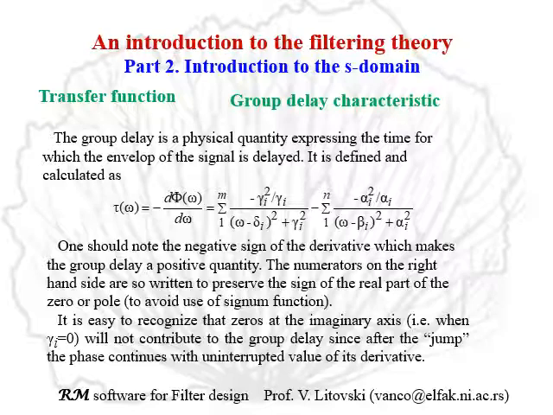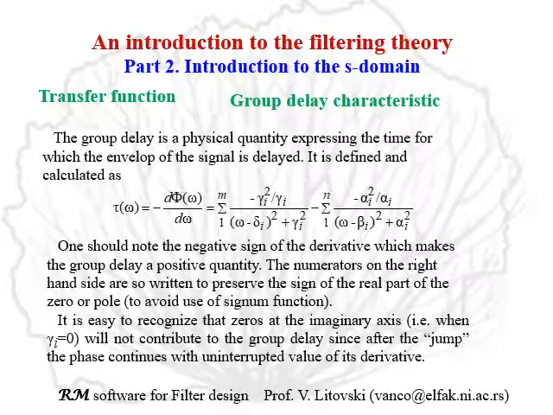So it is the derivative of the phase with negative sign, so that the group delay is a positive number. Here is the expression. One should note the negative sign of the derivative, which makes the group delay positive, and then that the numerators on the right-hand side are so written to preserve the sign of the real part of the zero or pole, to avoid the use of the signum function.